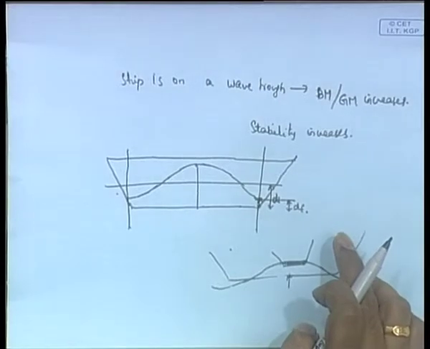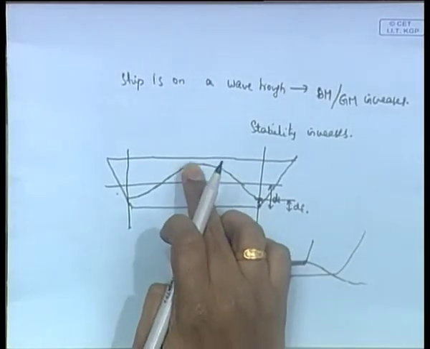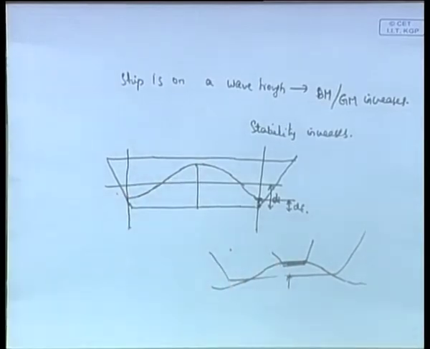What is the consequence? The effective breadth of the ship. Remember, the breadth of the ship is varying, and therefore the I is no longer as straightforward as last time. It is not like LB cube by 12, which we calculated for a box shaped barge. When you have a rectangle, you can do LB cube by 12, but it is proportional to B cube always.